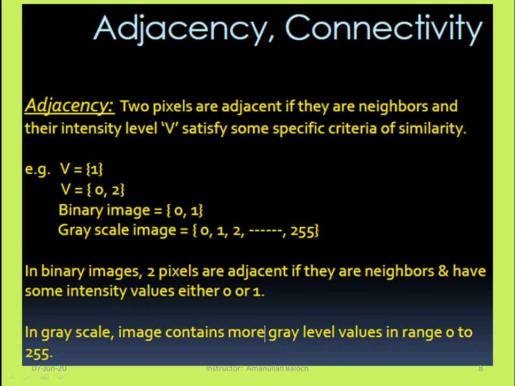So for measuring adjacency in a binary image, we will use the set V equal to 1, or V equal to only 0, or V equal to 0, 1. A grayscale image contains more gray level values, in the range from 0 to 255. For this kind of image, we may take the set V equal to this, or V equal to 0, 2, or V equal to 0, 5, 10, 12, like this.